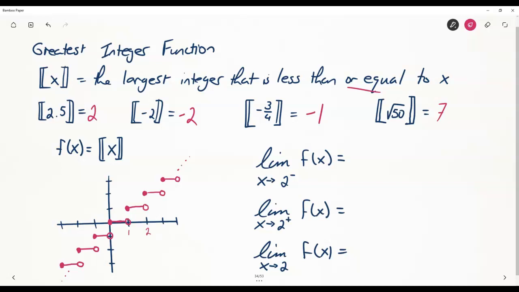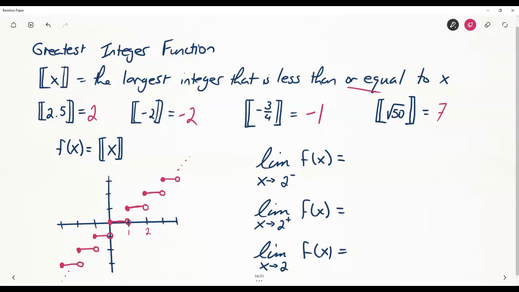Every number that is between those two values is going to get rounded down to 1. So that's why this horizontal line exists right here at +1. Now, when you get to 2, it's going to instantly jump up to 2, and it's going to stay locked in at 2 until you get to 3, at which point it's going to jump up to 3 and just infinitely go in both directions.